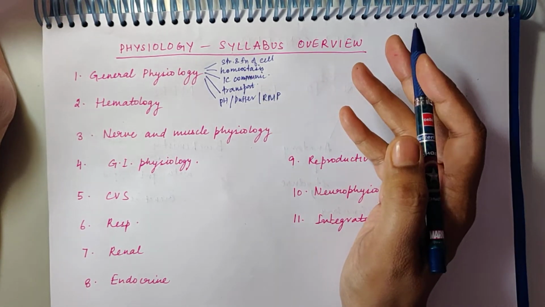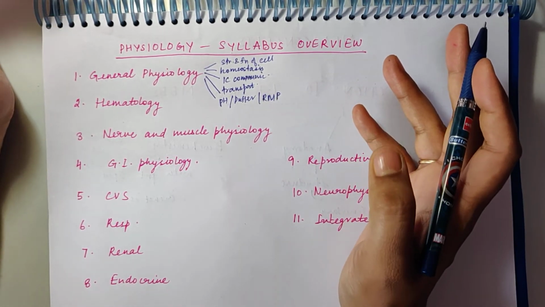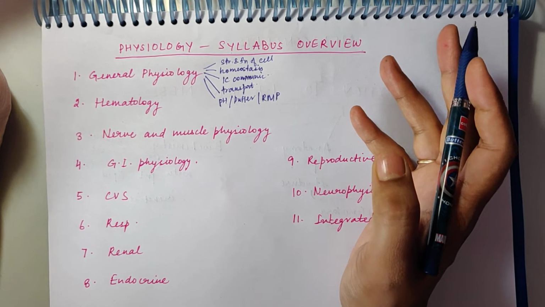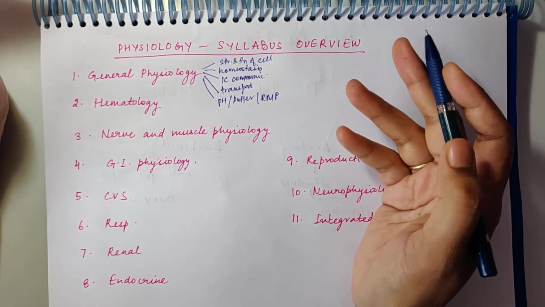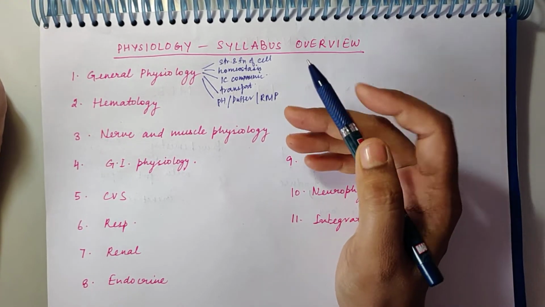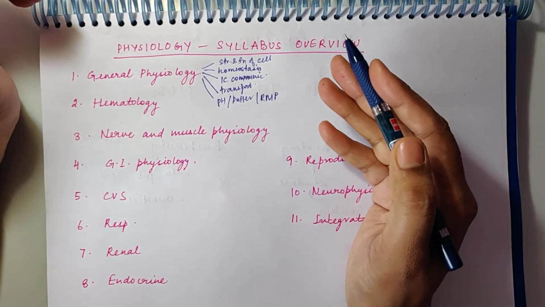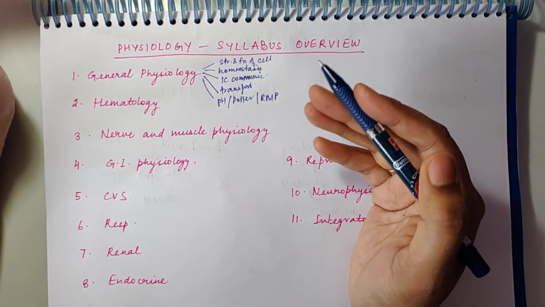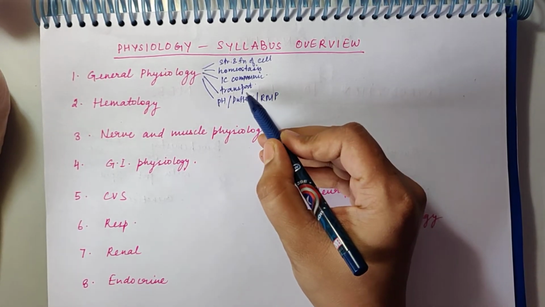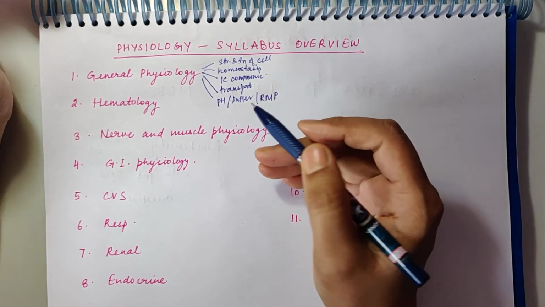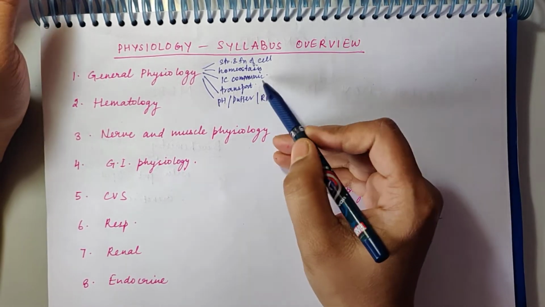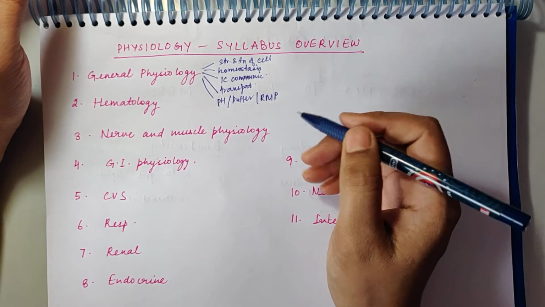Then maintaining this homeostasis involves a lot of transport of ions, nutrients, and gases between the intra and the extracellular fluid, and how that transport occurs, what are the different mechanisms, and how that is regulated, that will be covered.